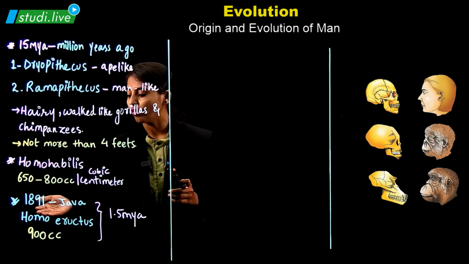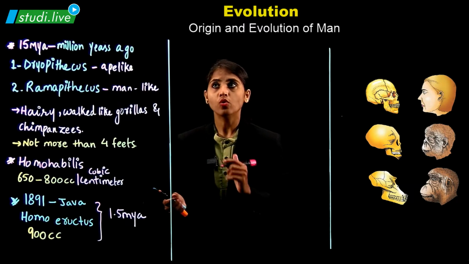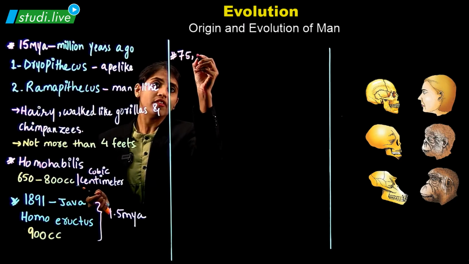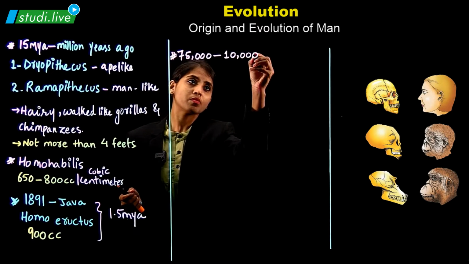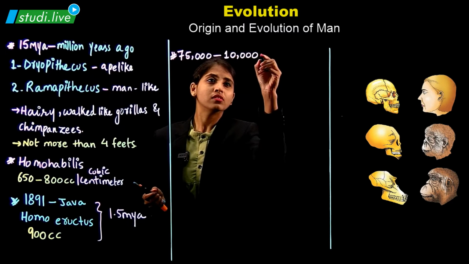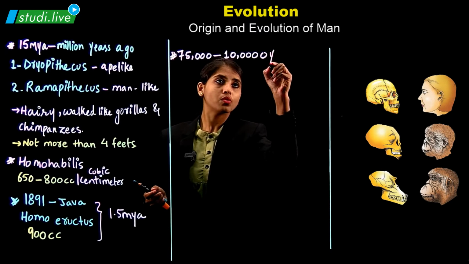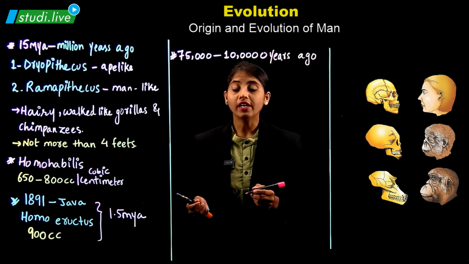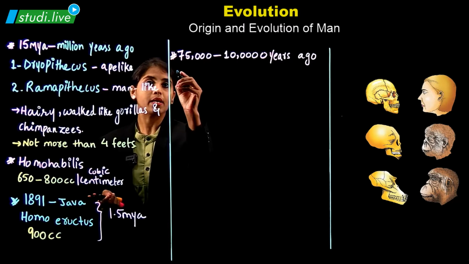Okay, so we were discussing Homo erectus. Then in the later stage, about 75,000 to 1 lakh years ago, we found a new species called Homo sapiens.